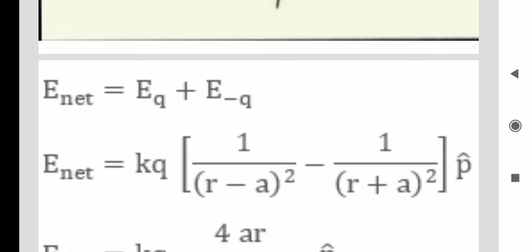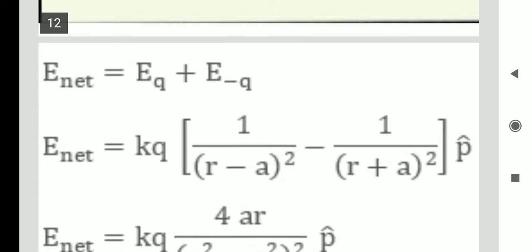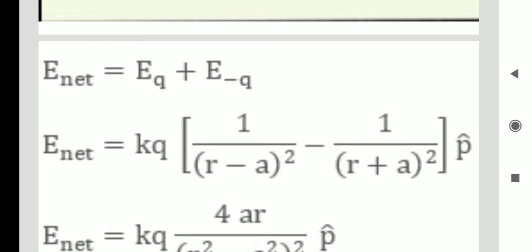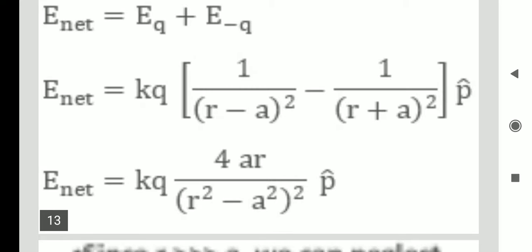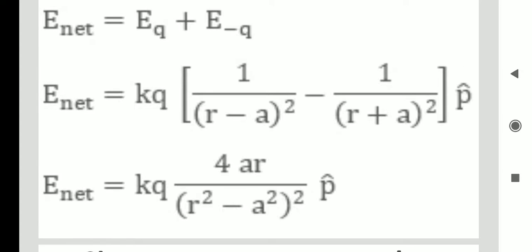Substituting those values, KQ and P cap are common, so it is KQ of 1 by (R minus A) whole square minus 1 by (R plus A) whole square. After simplification, it becomes KQ of 4AR by (R square minus A square) whole square into P cap.